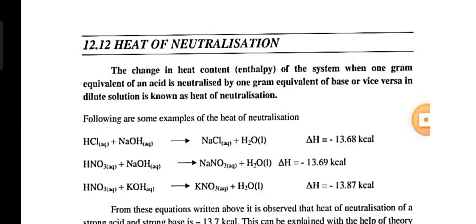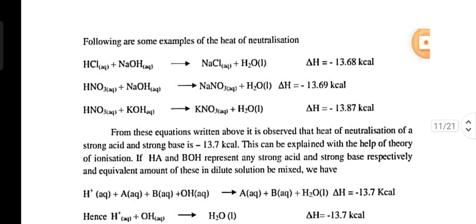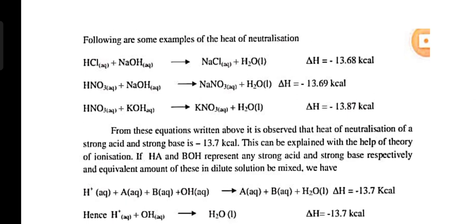For the equations written above, it is observed that the heat of neutralization of a strong acid and strong base is about minus 13.7 kilocalorie. This can be explained with the help of the theory of ionization.